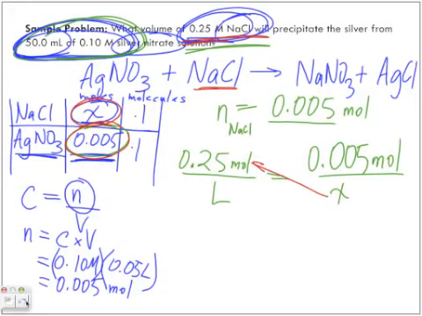So what we're doing is we're switching the x's, because we always want our unknown up in the numerator if we have it in fraction form. 0.005 moles.